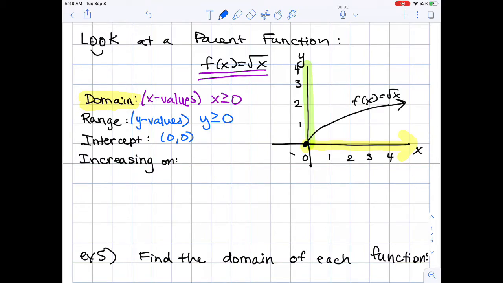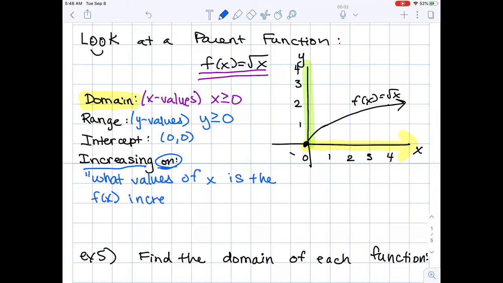And when we're talking about increasing on, that means they're talking about an interval. So basically what they're asking is, for what values of x is the function increasing?